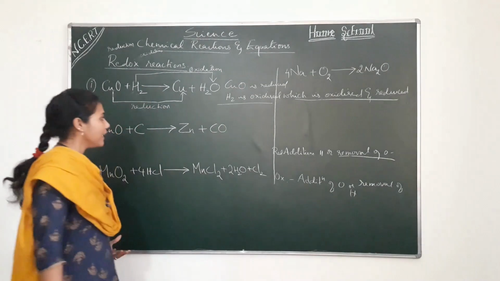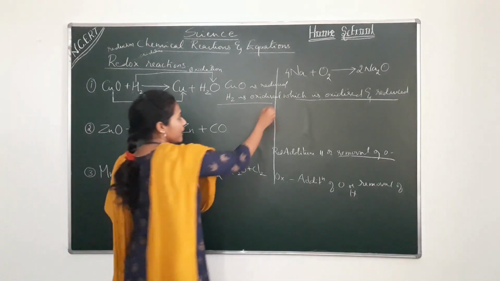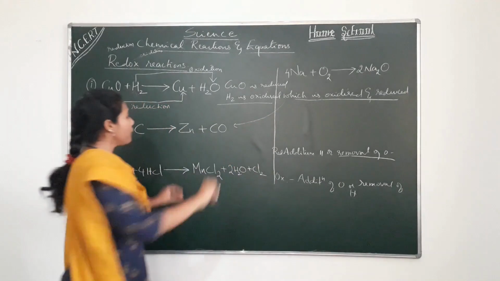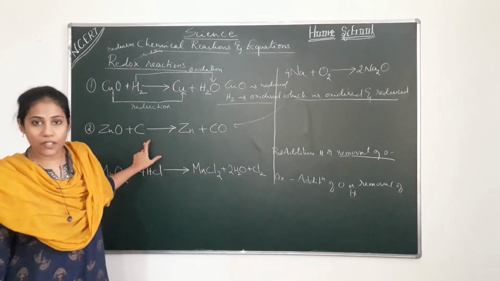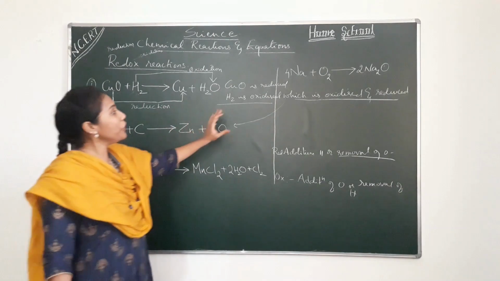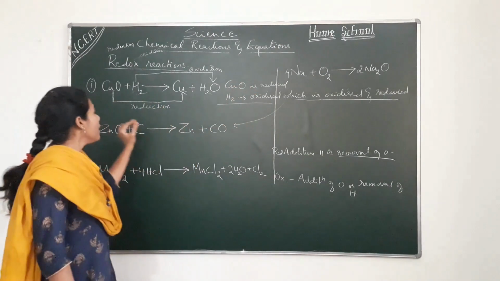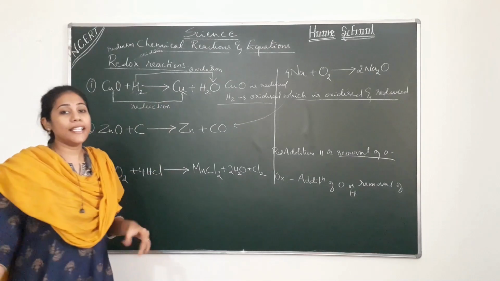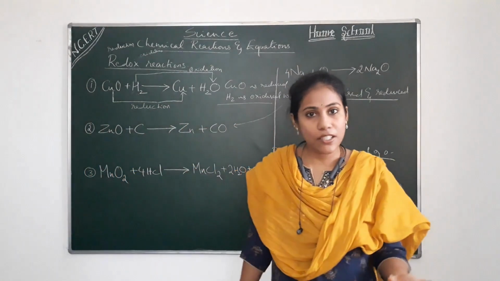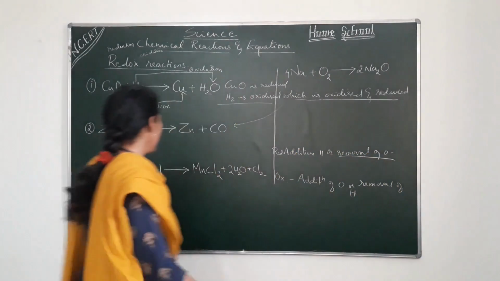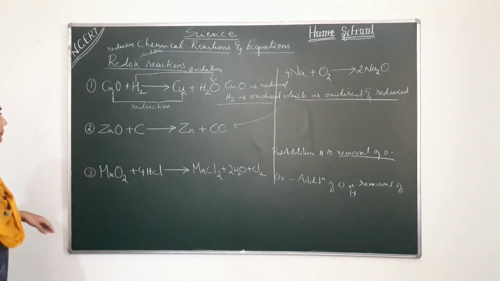Now if I ask the same question for the second equation, what is your answer? Let us work it out. Before you give the answer, first you have to identify which conversion is reduction and which is oxidation.